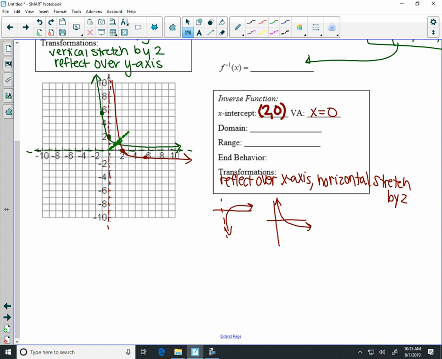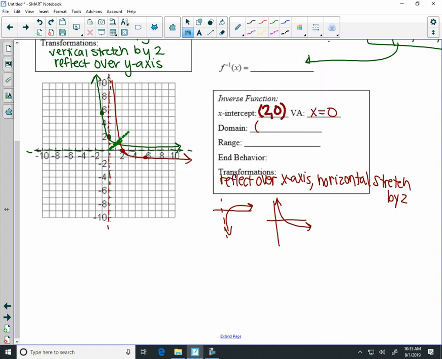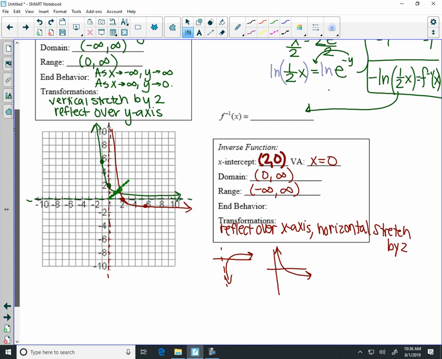The domain of my logarithm is 0 to infinity. The range, even though we flipped it, we're still going to get all y values. We're going up forever and down forever. Good to double check that those are what you have above.